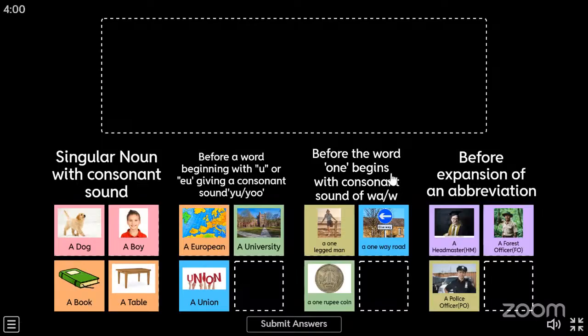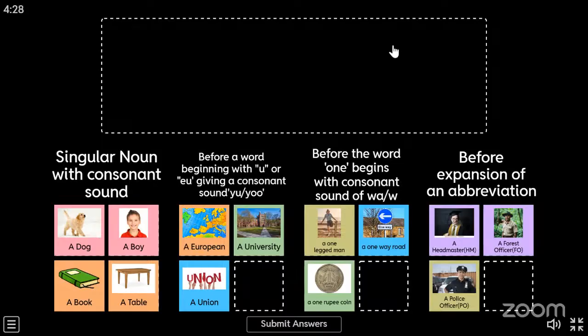A headmaster, but we say it as an HM, a sub-inspector, but an SI, a station master, but an SM. Before the abbreviation we say this. When we refer to HM, it is an HM, an FO, an PO. If we are expanding it and writing, a is the article.